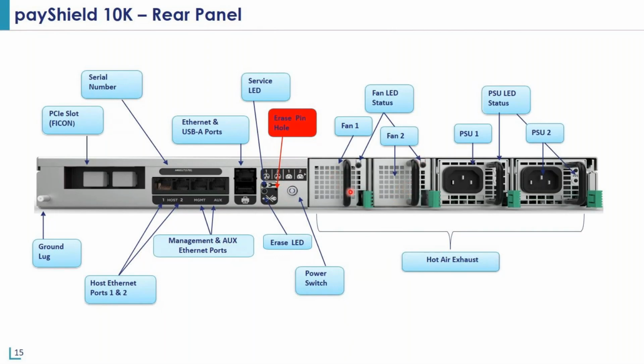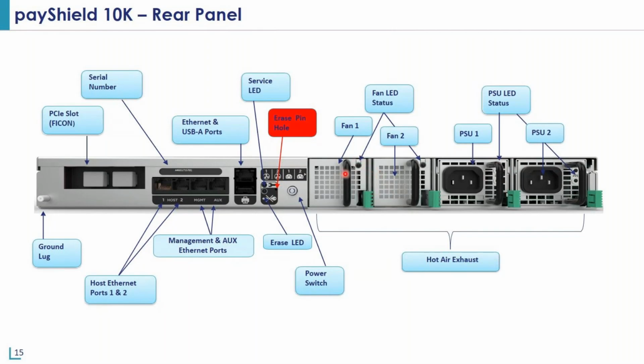Then you have these hot swappable fans, hot swappable power units. If your fans are in operational state, if they are running fine, you will see a green indicator here. Similarly, you have indicators for power supply units as well.